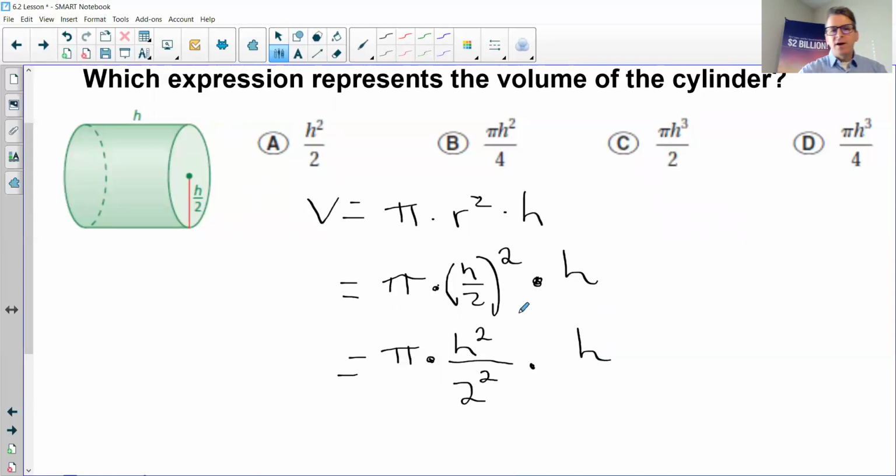So that simplifies to pi times h to the 3rd over 4. Pi times h to the 3rd divided by 4.